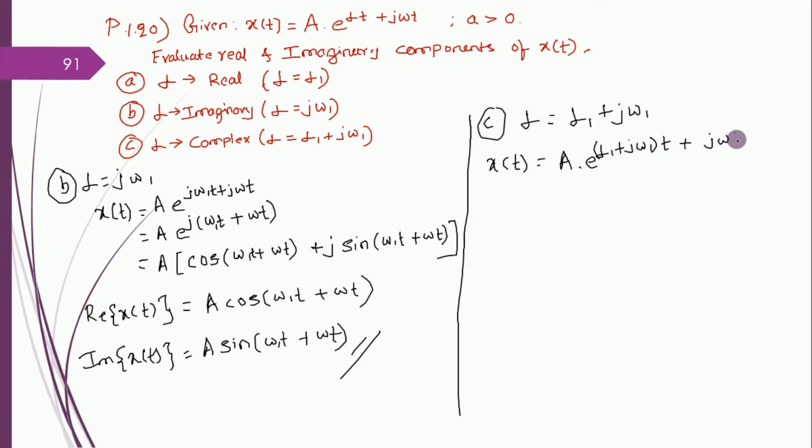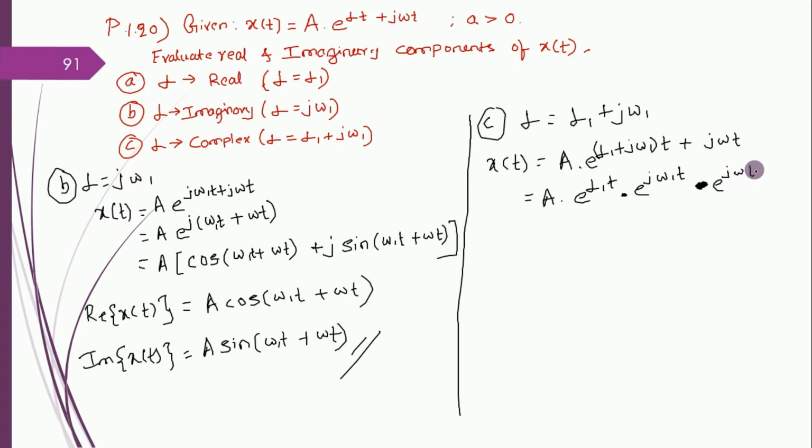Now carefully you need to separate the imaginary part and real part here. First I'll take e raised to alpha 1 t separately, dot into e raised to j omega 1 t, dot e raised to j omega t.